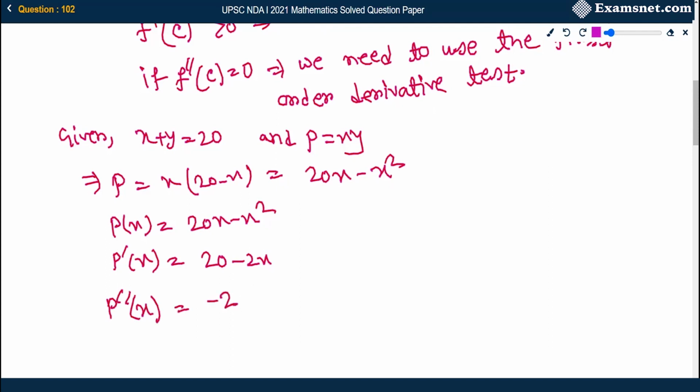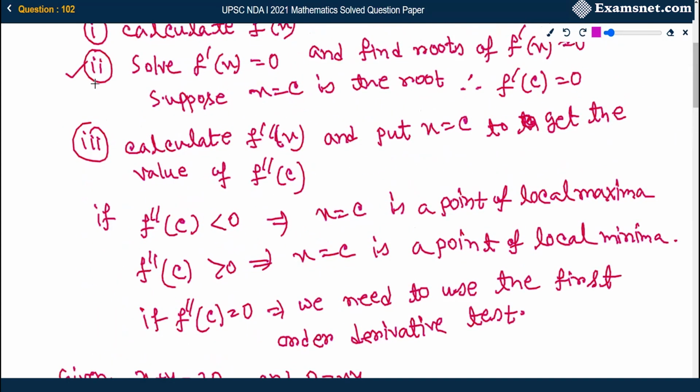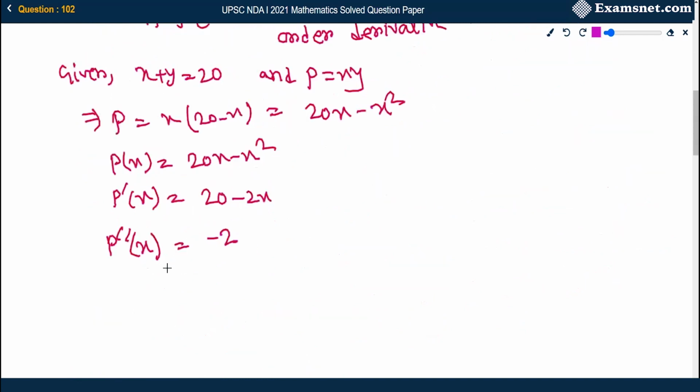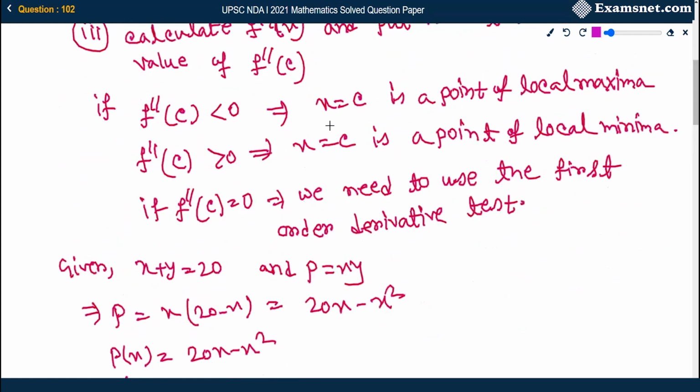Look here, I can skip this second point. Why? Because there is no scope of putting the value of x equals c, since p double dash x is a constant. There is no scope to put a point and get a value from it. Since p double dash x is less than 0, we can say that x equals c is a point of local maxima.